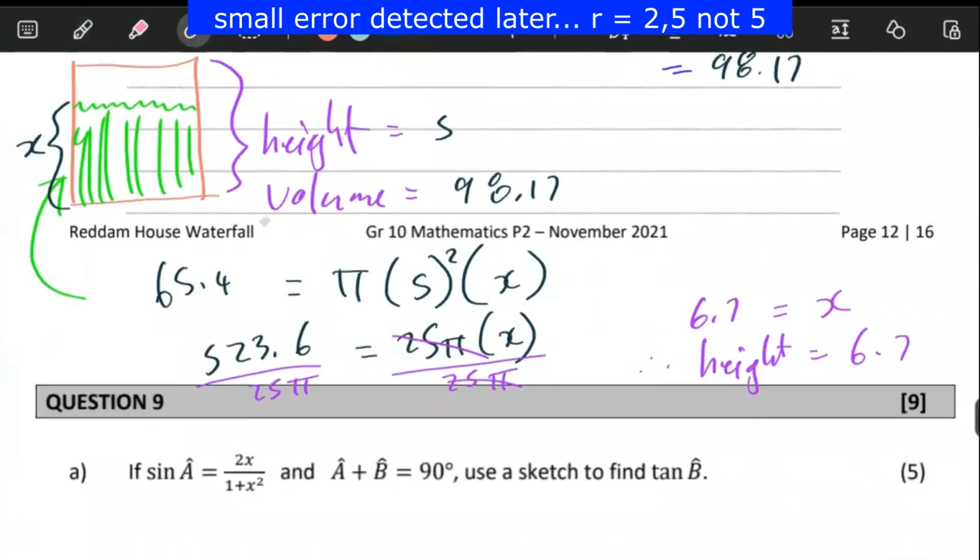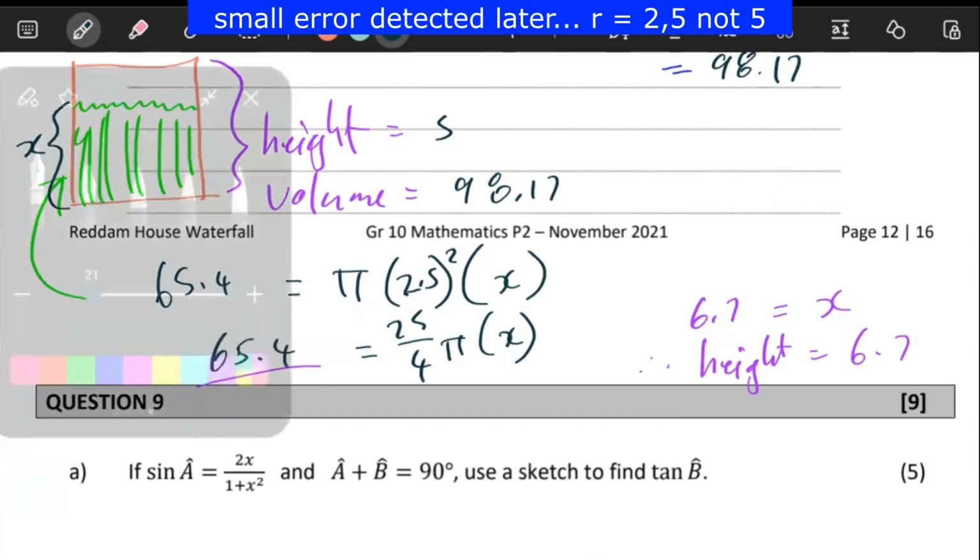So here we know that the volume here is just the 65.4. And then here you can see that you would have 2.5 squared. And then let's see what that would have been. Shift pi, 2.5 squared multiplied by, this would have been 25 over 4 pi, of which you would have divided that on both sides.